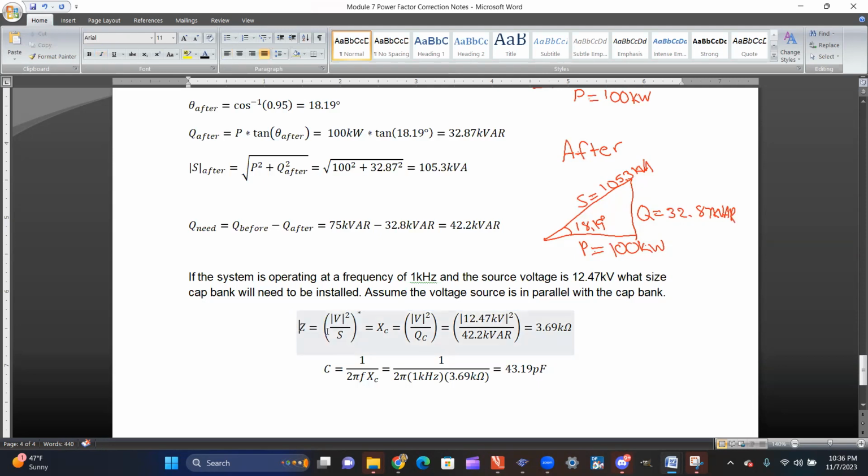Since we know that this impedance is going to be capacitive, remember, if you express impedance as Z, you're saying that you have a combination of real and imaginary.